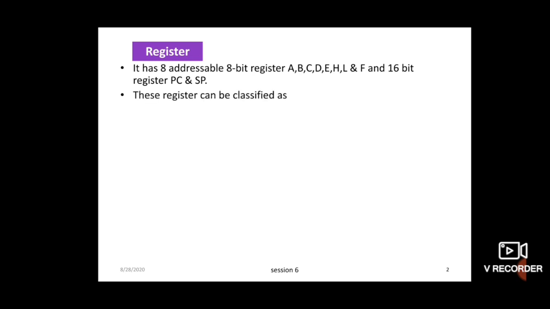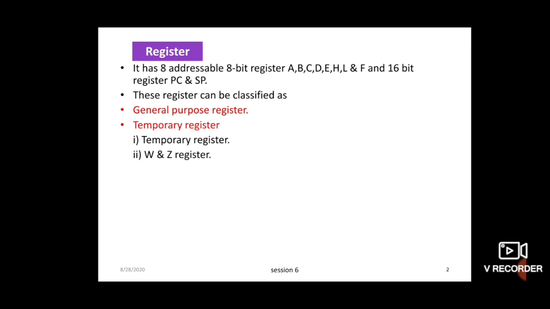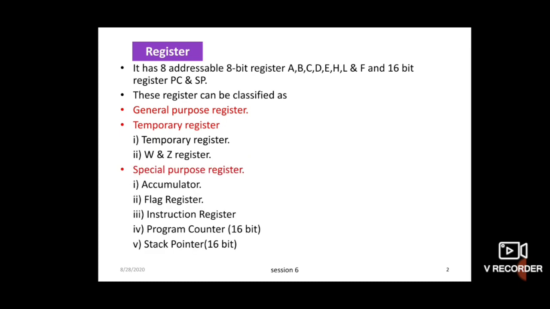Now these registers can be classified into types. General purpose register, then temporary register, and one more is there, W and Z register. Third is special purpose register: accumulator, flag register, instruction register, program counter that is PC, and stack pointer that is SP.